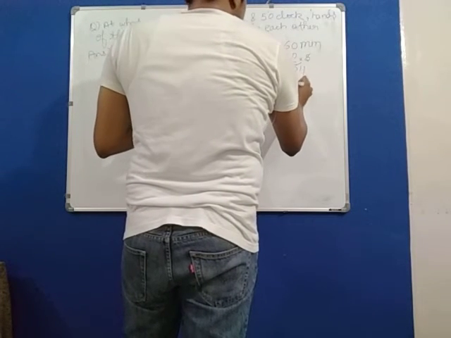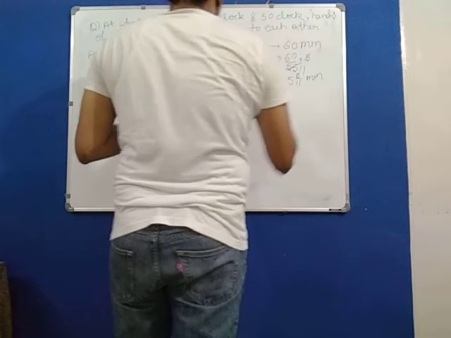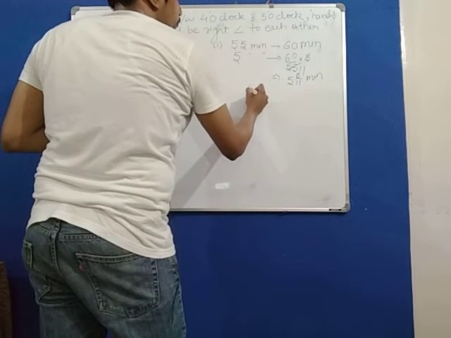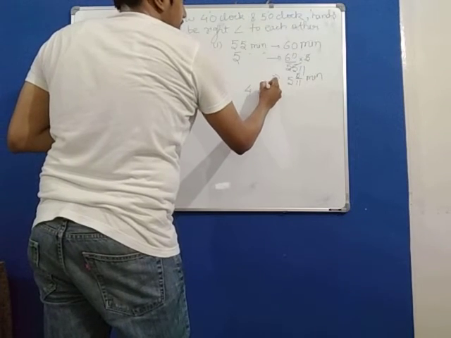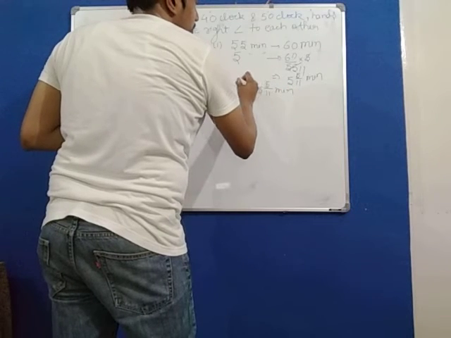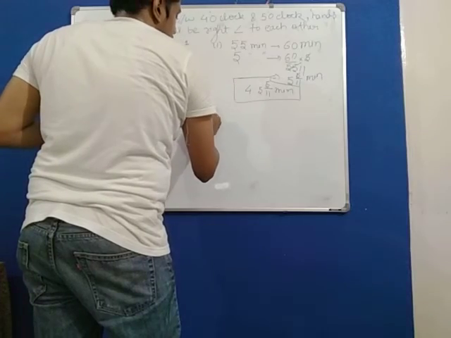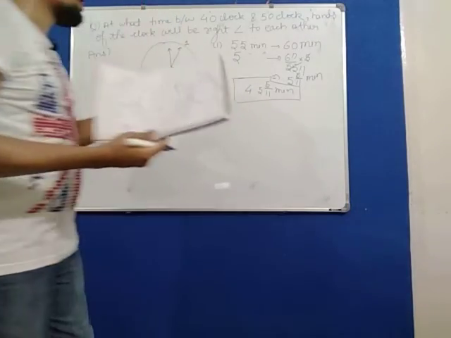This will come out to be 5 by 11 minutes. So we can say that at 4 o'clock 5 by 11 minutes the hour and the minute hand will be perpendicular to each other.